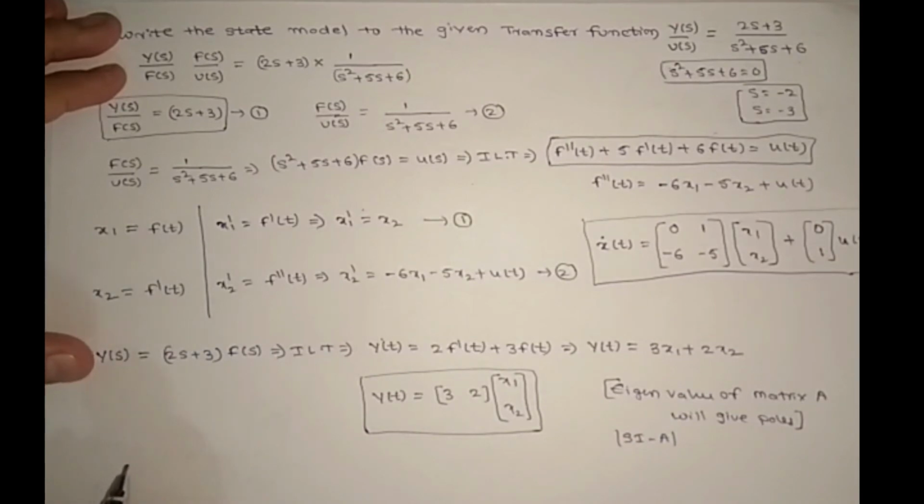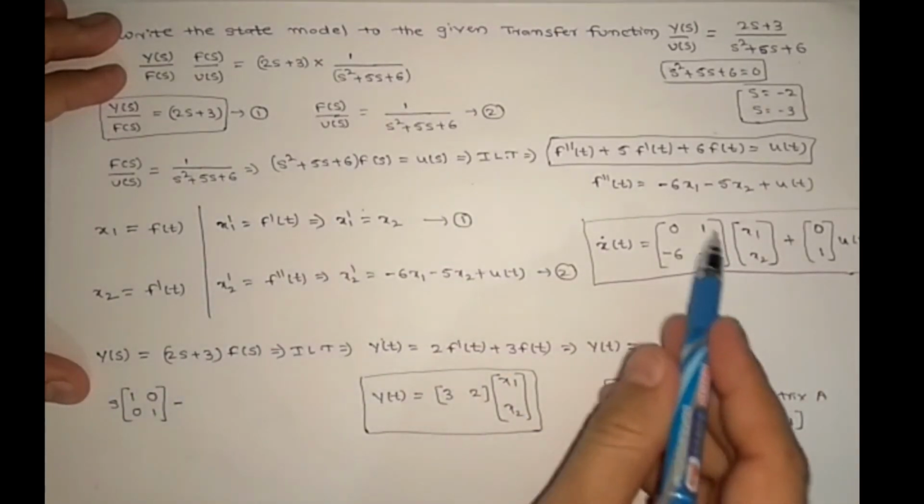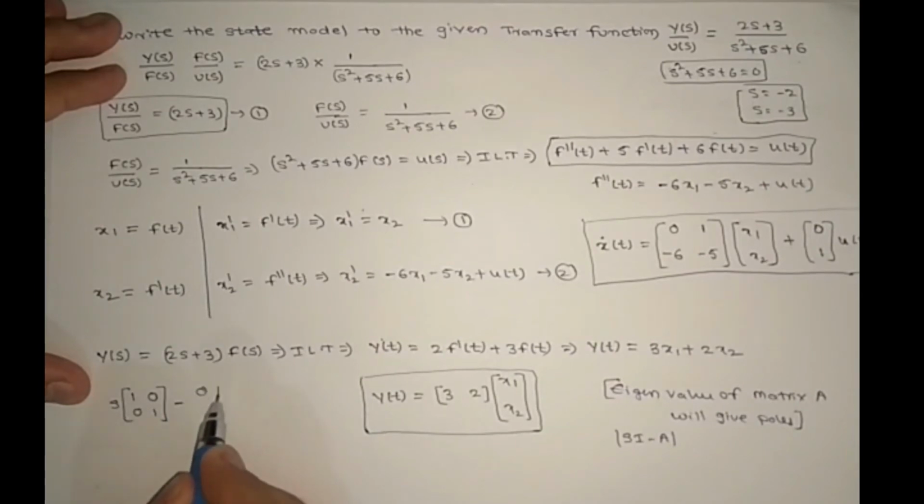So let us find the eigenvalues. So s times the identity matrix 1 0 0 1, minus A, which is 0 1 minus 6 minus 5, and we need to find the determinant.